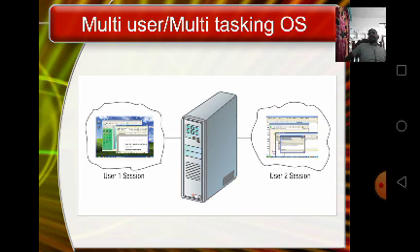These are the different types of operating systems. The advantage of these operating systems is that they can be managed by simply making changes to one server rather than many desktop computers.